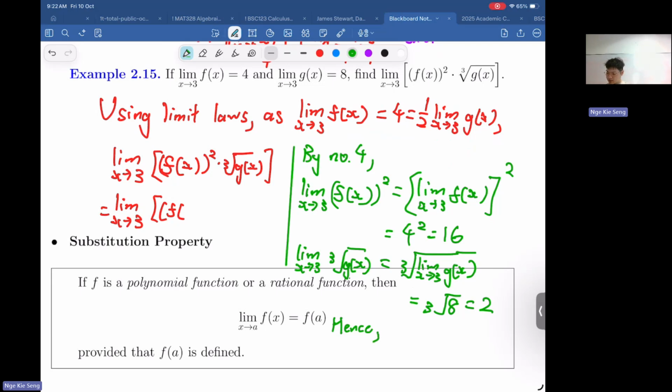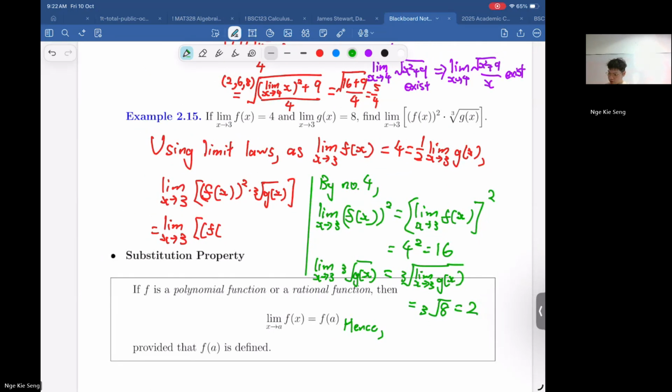When I commute the limit with the cube root, I'm using number 9.